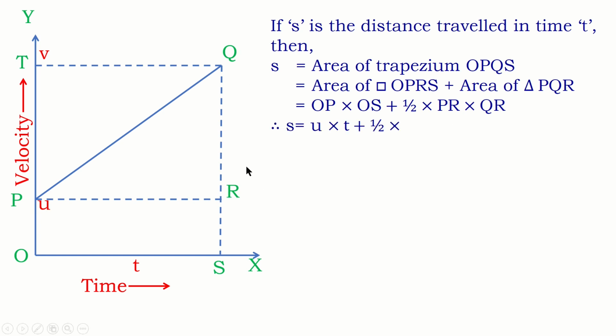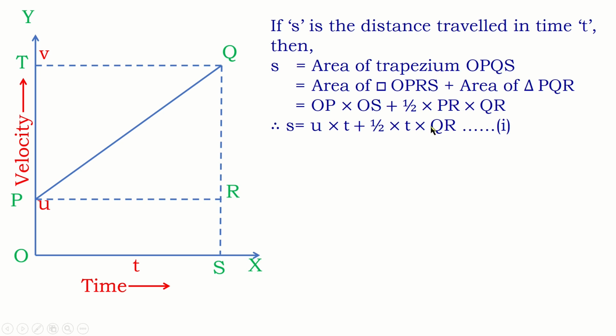Therefore S is equal to OP is u, that's why I am writing u, and OS is t. This OS represents t, that's why I am writing t here instead of OS. And half remains same. This PR is also equal to t. PR is equal to OS is equal to t, and QR I am writing the same. This is, let's say, equation number 1.